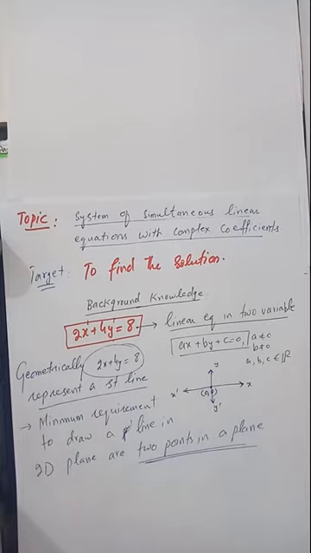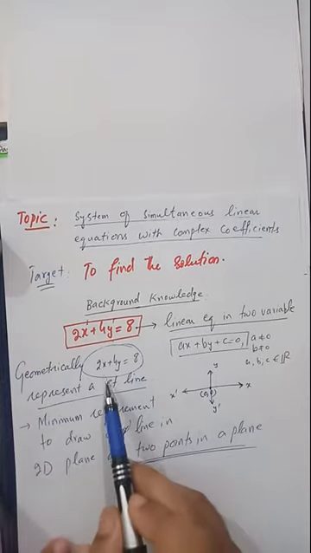So if you need 2 points for the graph of the line, it is now obvious you just need to find the x-intercept and the y-intercept. Then pass a line through them, and you will get the graph of that equation.